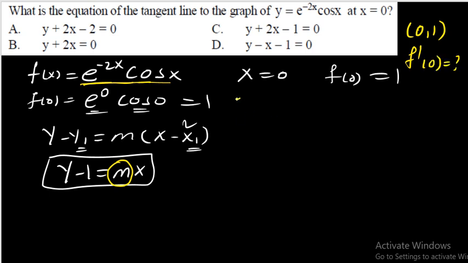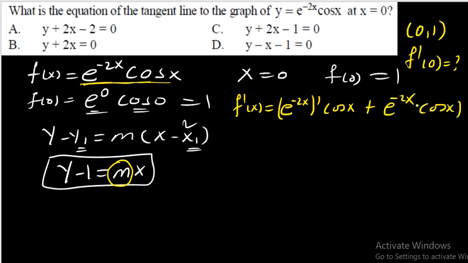So the derivative will be: the derivative of e to the power of negative 2x times cos x. By the product rule, the first's derivative times the second, plus the first as it is times the second's derivative. That's the rule: f times g derivative means f derivative g plus f g derivative.